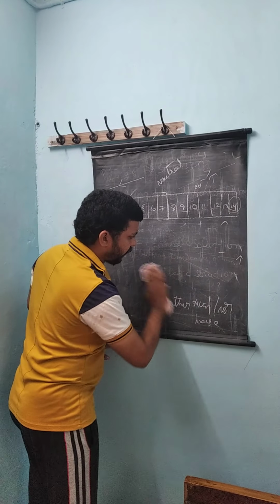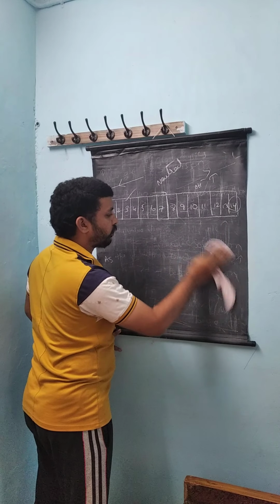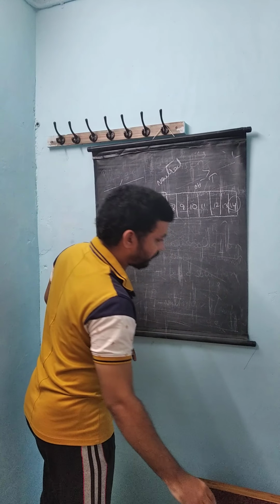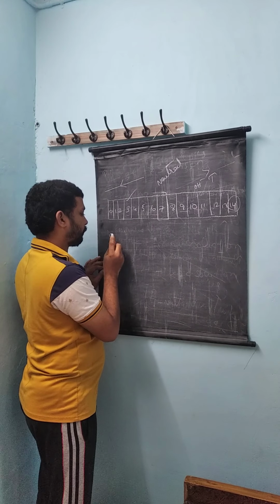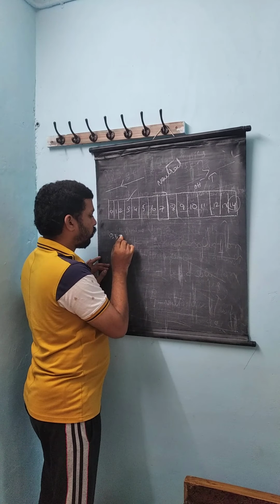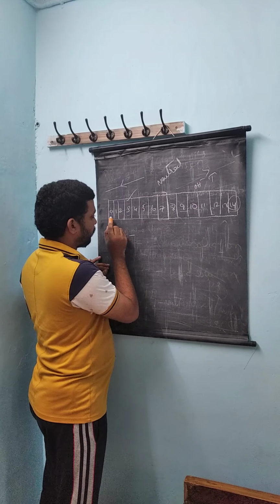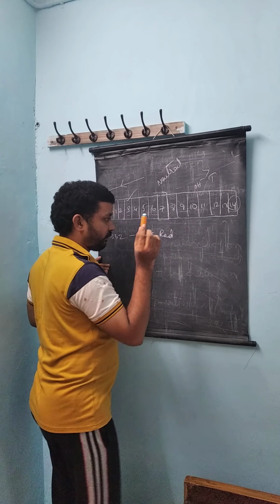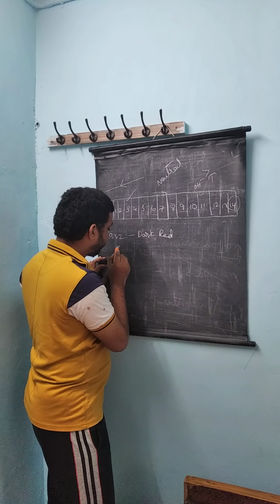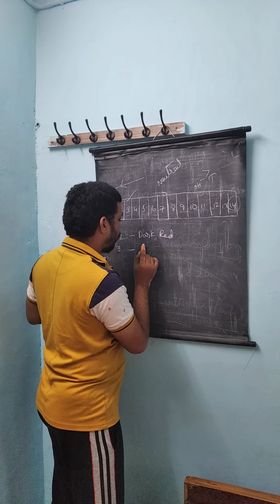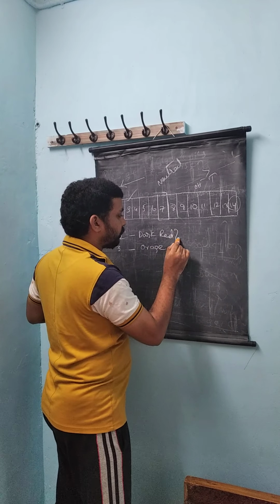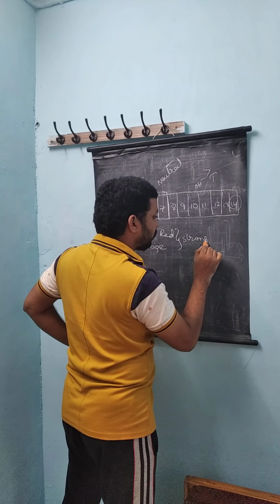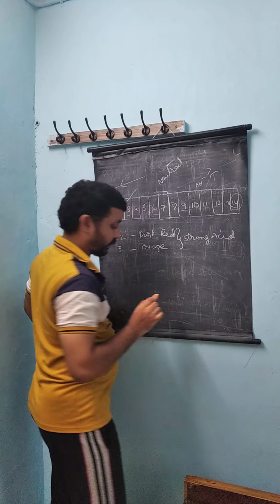So not only depending upon the values, we can also indicate the strength of an acid or base depending upon the colors. Let's observe. The values 0, 1, 2 are indicated as dark red, and 3 somewhat indicates orange. So the values from 0 to 3 indicate strong acid.